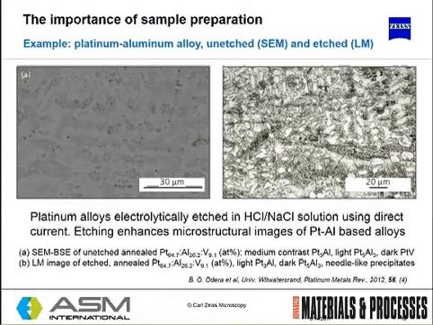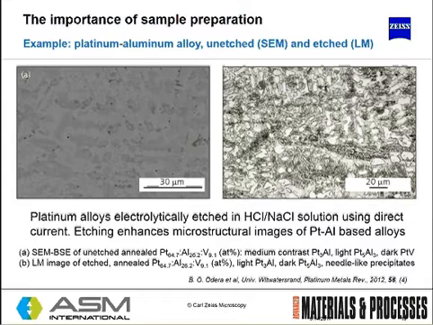So in this case, this was some work done at Witwatersrand in South Africa of a platinum aluminium alloy, both in the unetched state. This image has been taken on the left with an SEM, and also after etching and imaged with a light microscope.